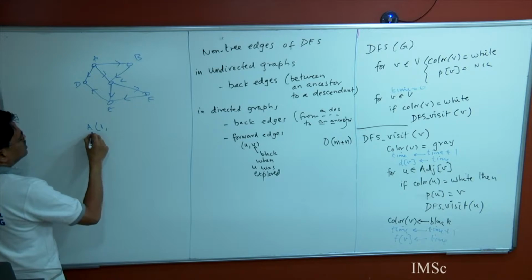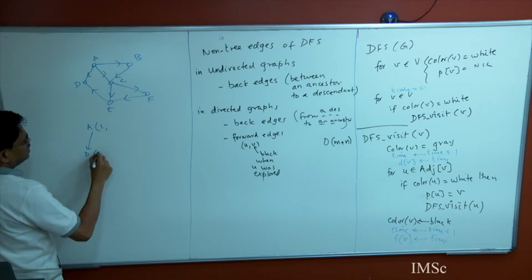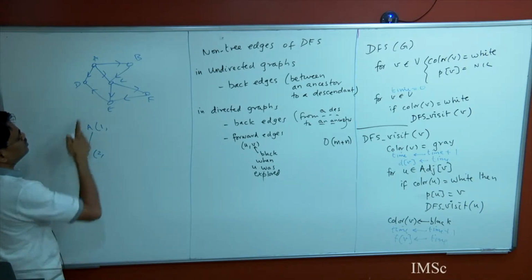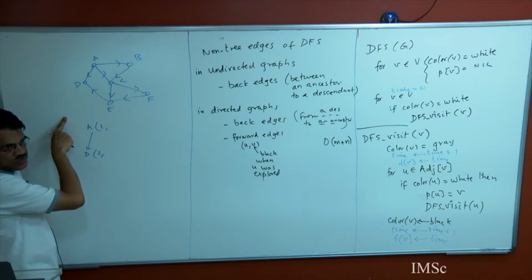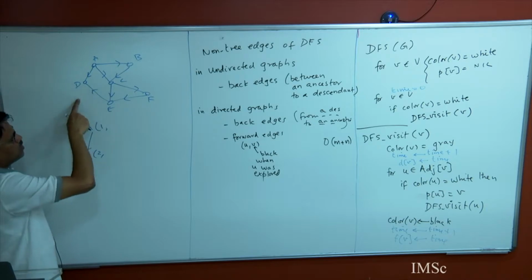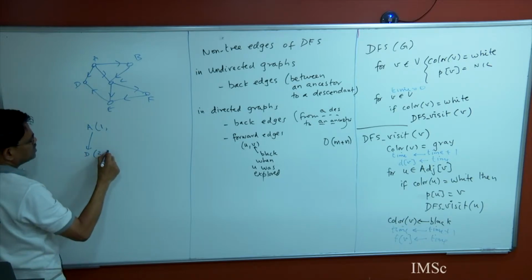Then A goes to D, and D is discovered at time 2, and D has no more forward neighbors, so D is finished at time 3.